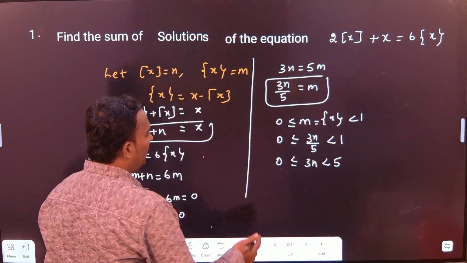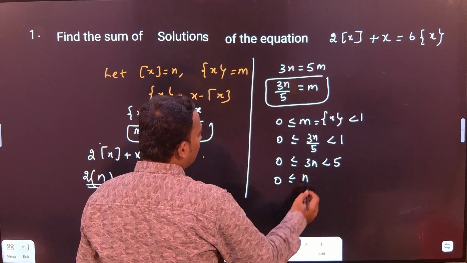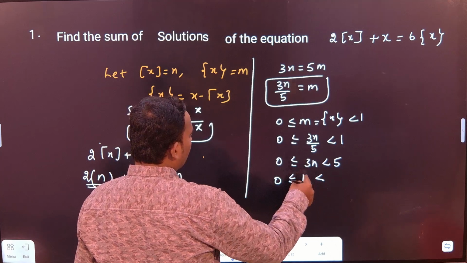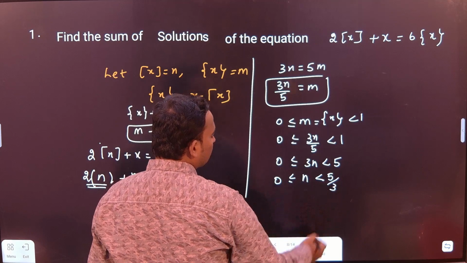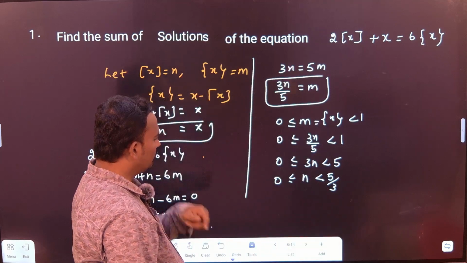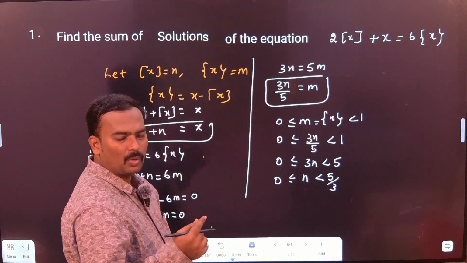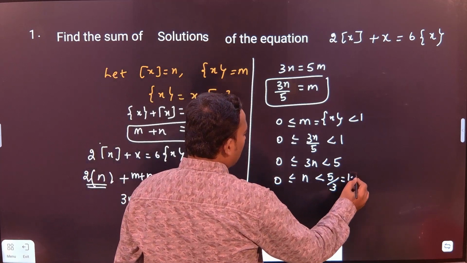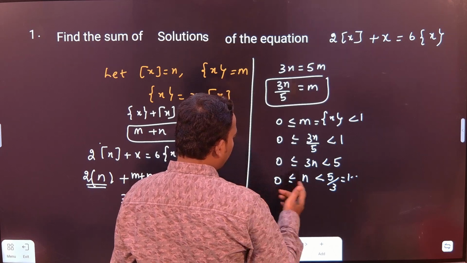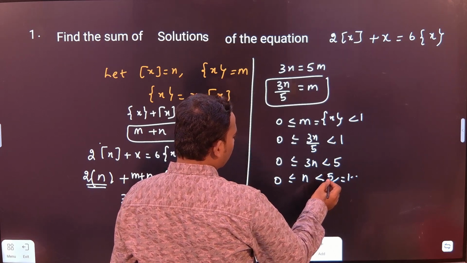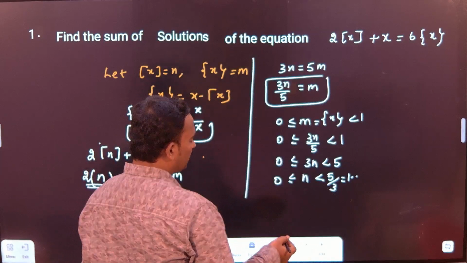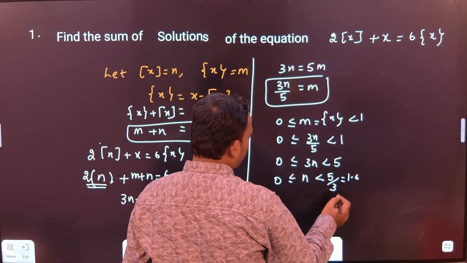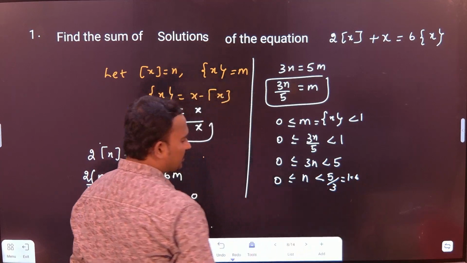Now you can divide by 3: 0 less than or equal to n less than 5 by 3. 5 by 3 is 1 point something, that is 1.6.